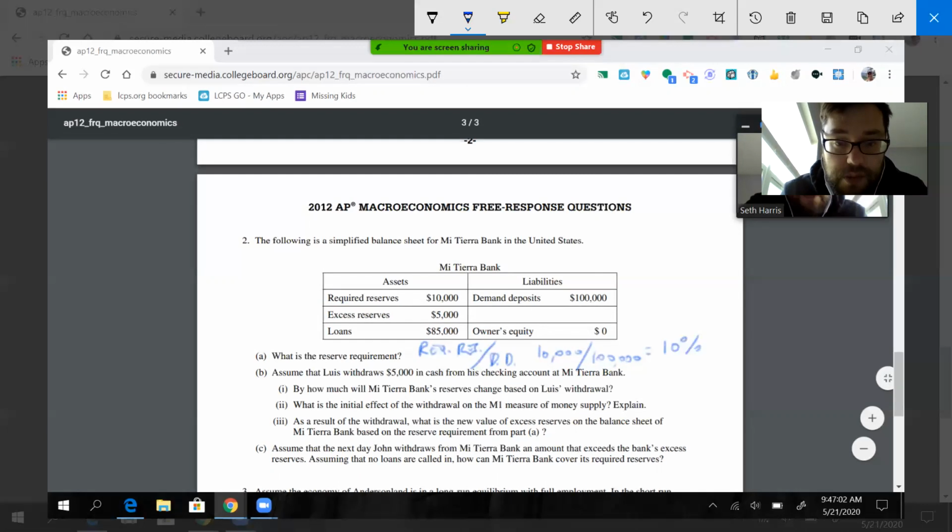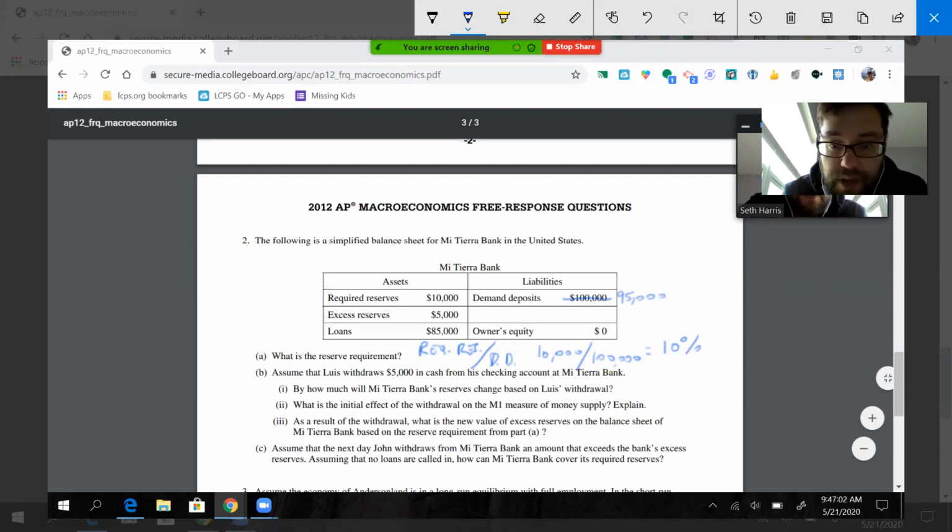The checking account is demand deposits, so we subtract 5,000 there. The new number should be 95,000.